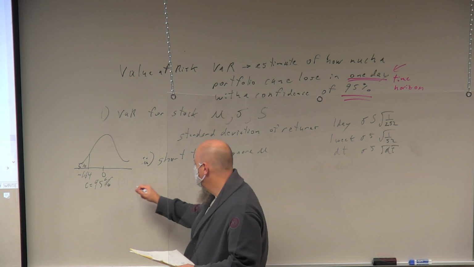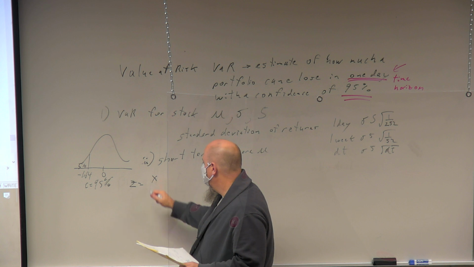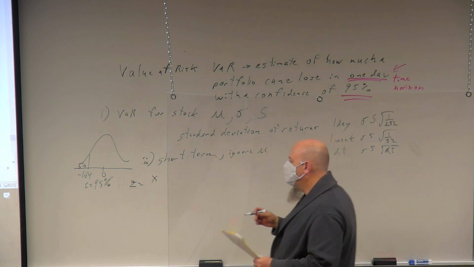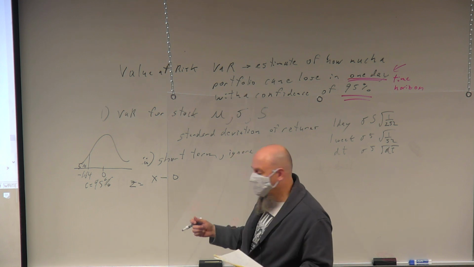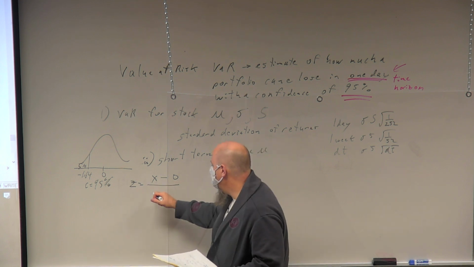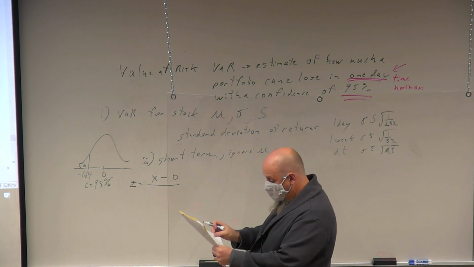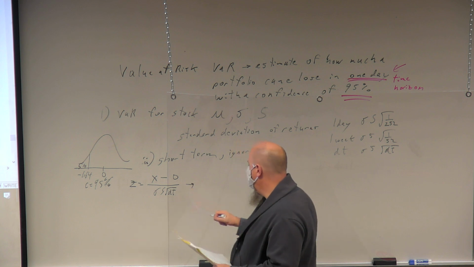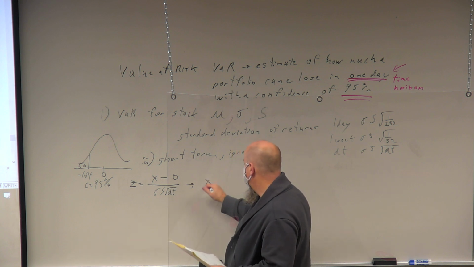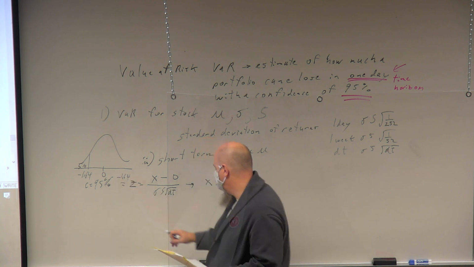So our Z score was equal to the return we get, the X value, minus the expected value, in this case just an expected value of 0, divided by the standard deviation. And this Z is equal to minus 1.64.